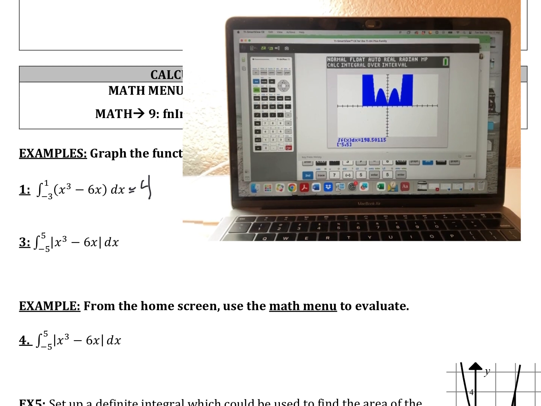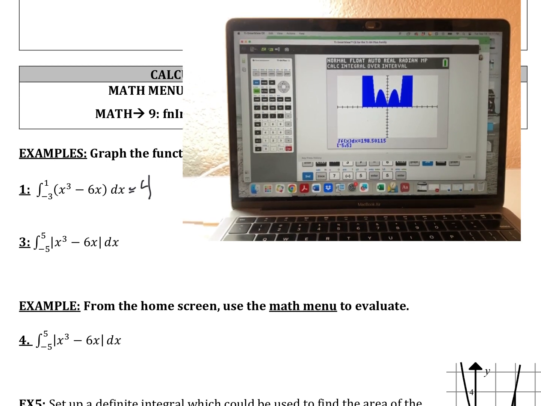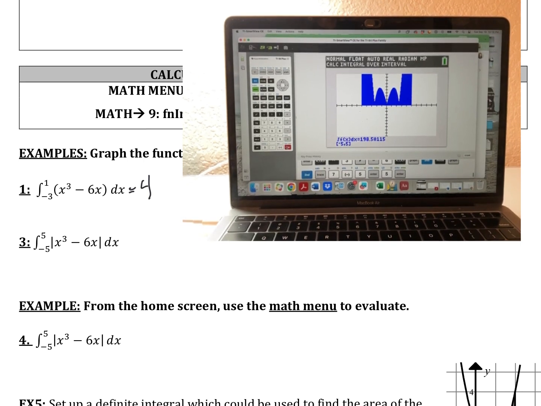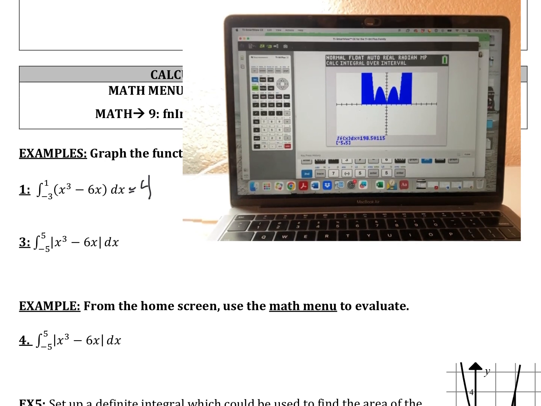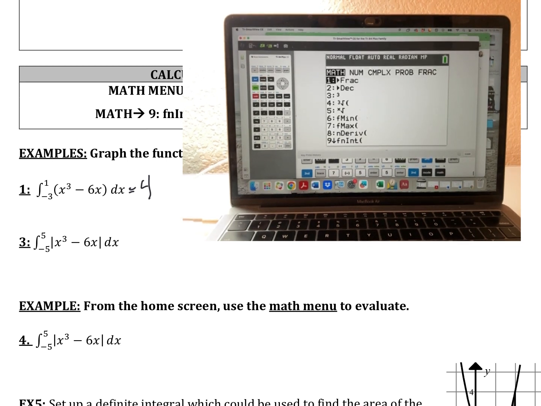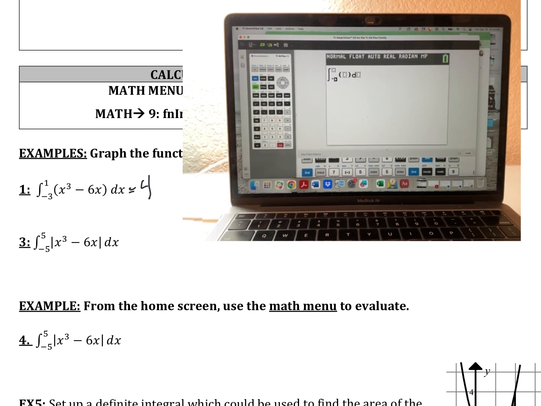Okay, now the next example, example 4, says let's do that from the same thing from the home screen. Well, since I'm using the exact same function, I'm actually just going to leave that in my y1 and recall it. So I'm going to go second quit, and I'm going to go into my math menu, and number 9 is my integral. And the bounds, the nice thing about this format is that it's set up the way the problem looks.